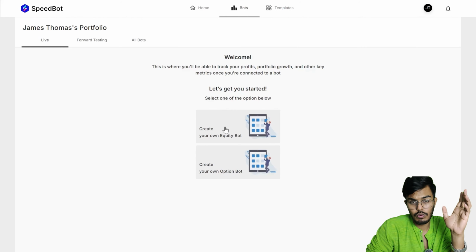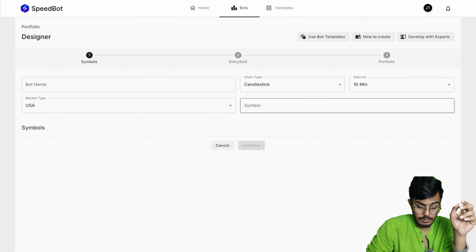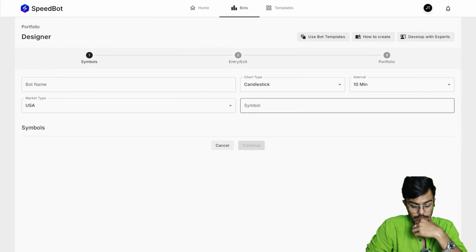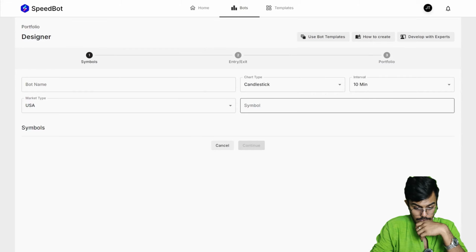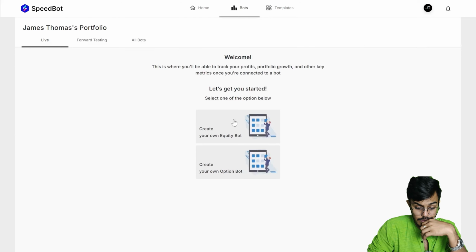What I can do over here is create equity bots, that is, in US based equities. I'll be able to create it from my side. These are the symbols on which I'll be able to create the bots.